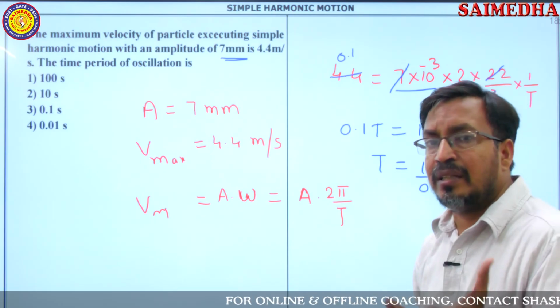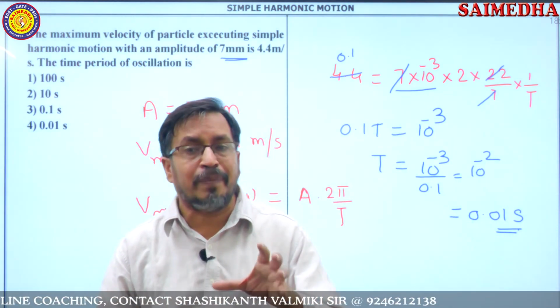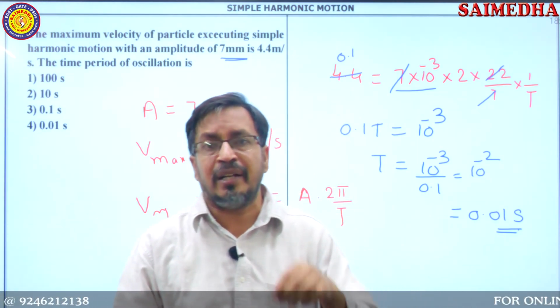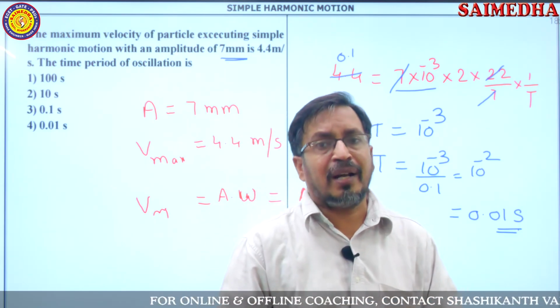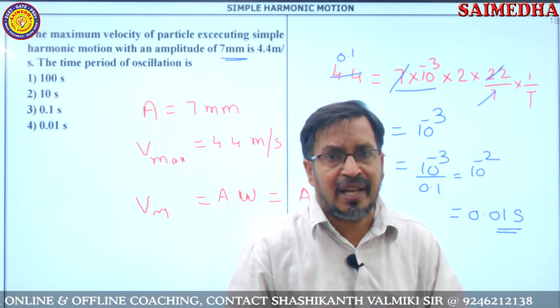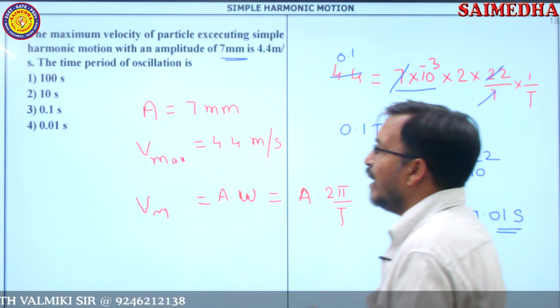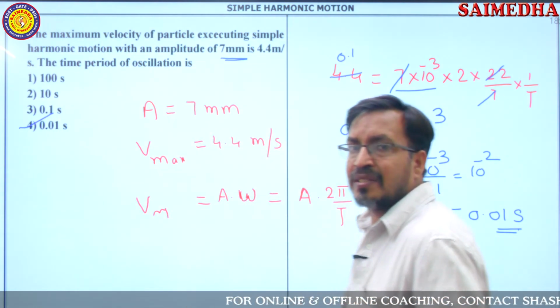They asked the time period because omega equals 2 pi by T. In this type of question you write pi equal to 22 by 7, because 44 is in the data and 7 is also there. So the answer is 0.01 second. Now, we will solve the next question.